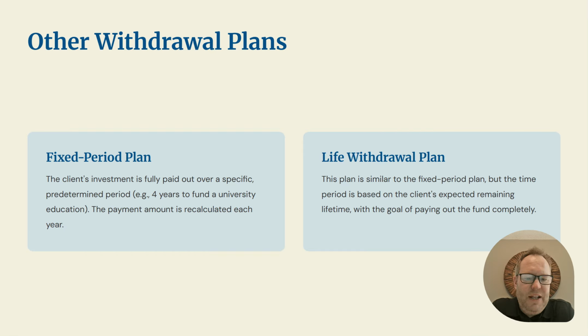But just know that a life withdrawal plan is similar to a fixed period plan, but the end date and the period itself is not known. It's set up to attempt to match the lifespan of someone.